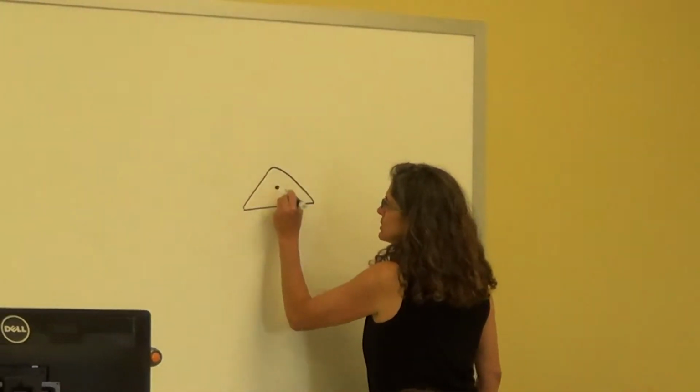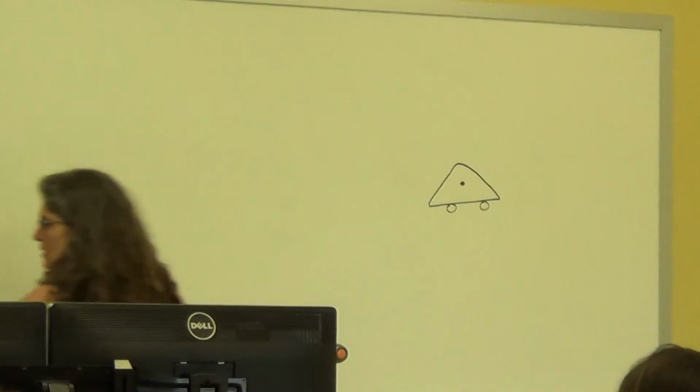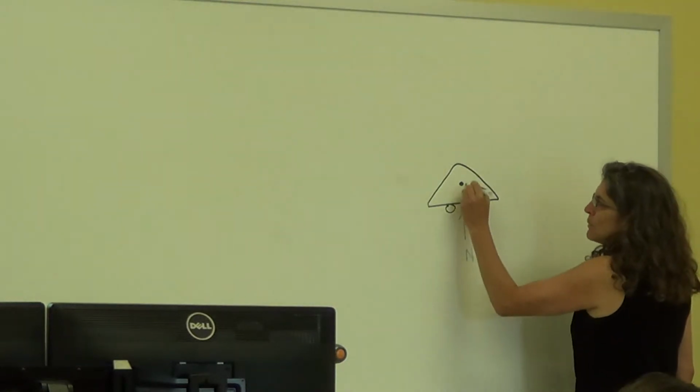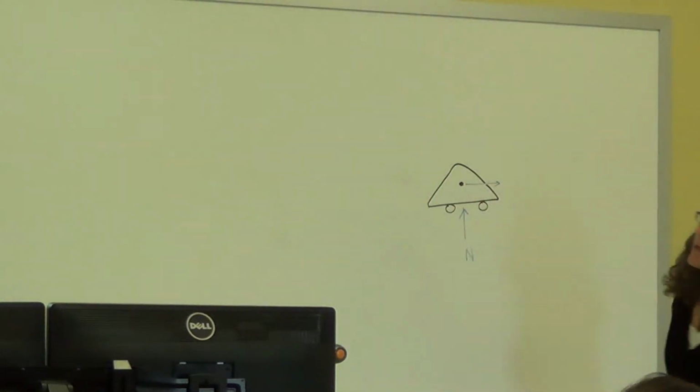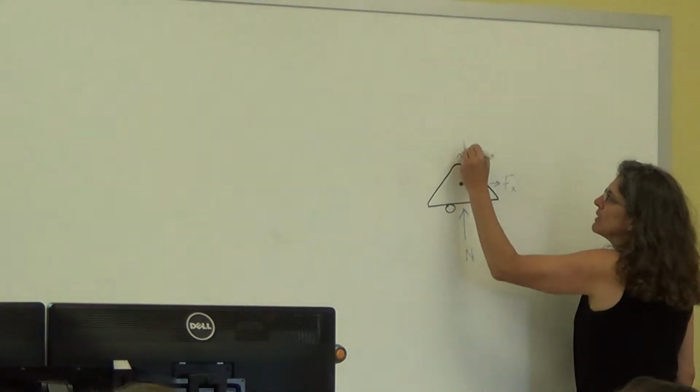Look at this. If I only analyze this connection, what do I have on it? I have a normal here. And what do I have at the pin? F. I have an FX and an FY.